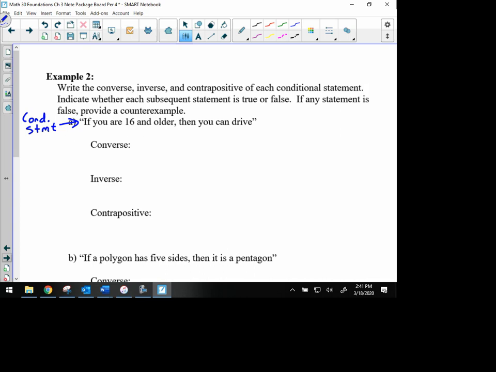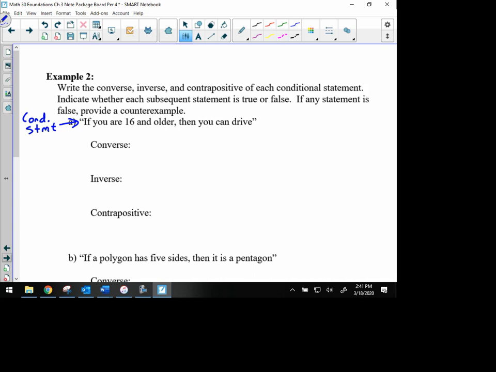So if you are 16 and older, then you can drive. And there's some open to interpretation here, but let's talk about the ability, it's possible for you to drive. Like talking about all these things with having a license and so on.